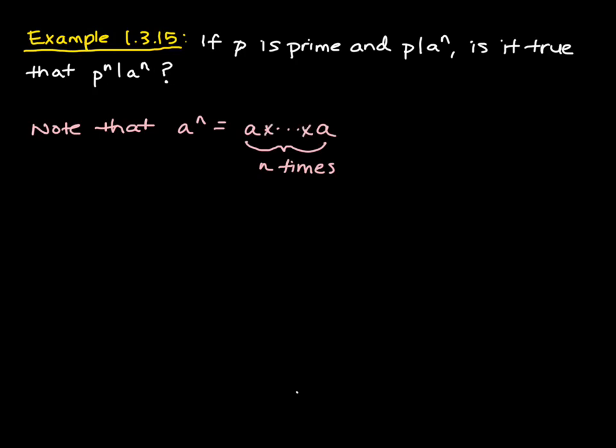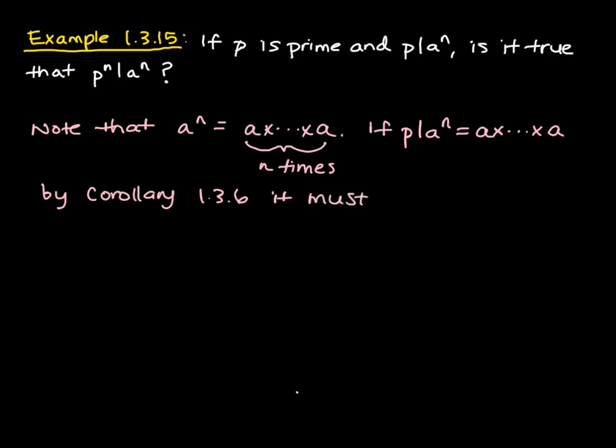And so if P divides a to the n, which is equal to a times itself n times, what do we know? It has to divide one of the a's. But we can just say, instead of one of the a's, it must divide a.